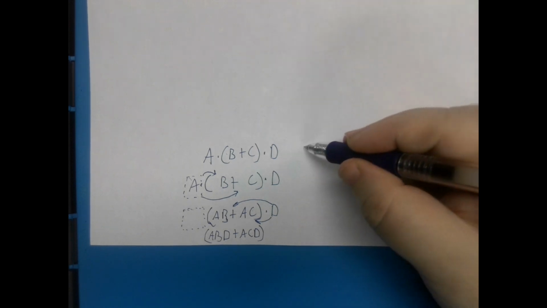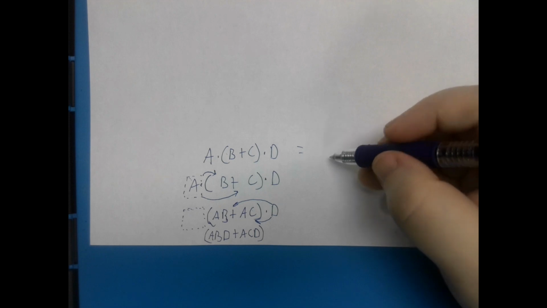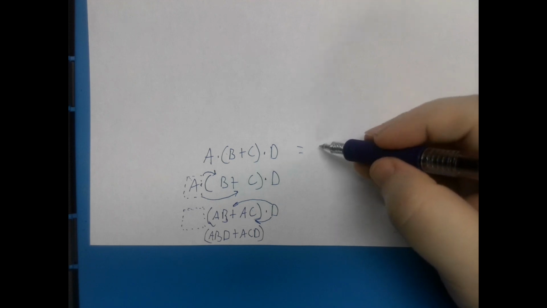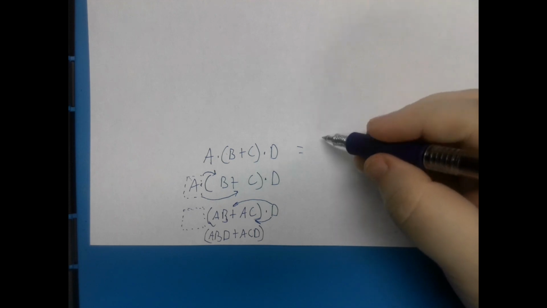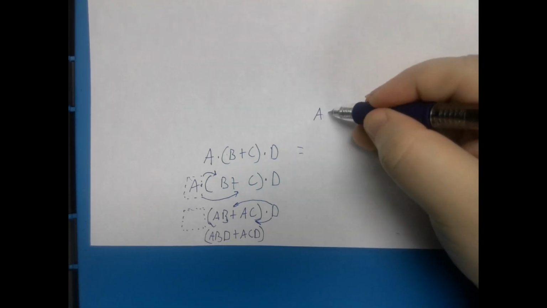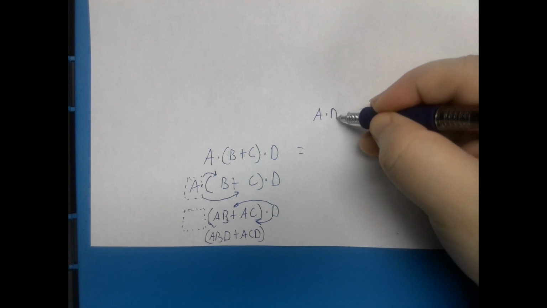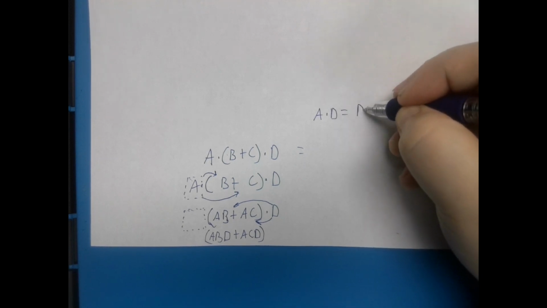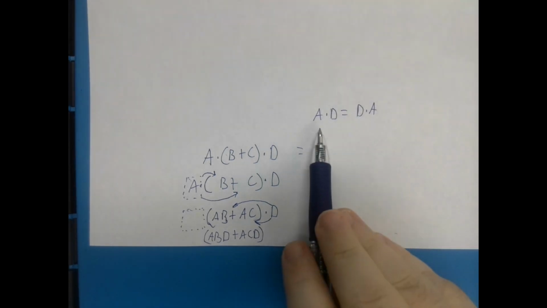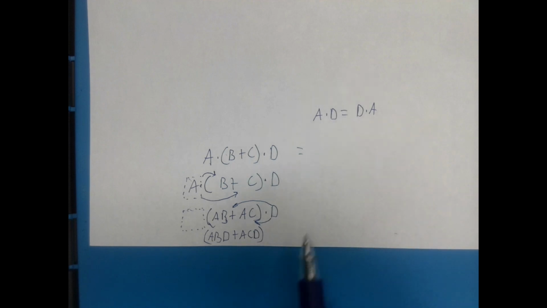We could have also, this is equivalent, due to order of operations, multiplication is on the same level. A times D is equivalent to D times A. If we're having something being multiplied together, we can change the order in which they're multiplied.